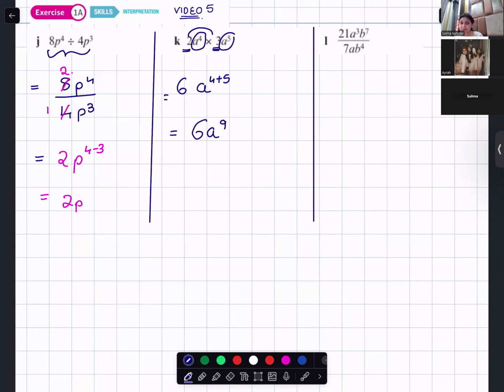Deal with the variables separate and constants separate. So this becomes 3. You will apply law of indices first with a. So a becomes 3 minus 1 and b becomes 7 minus 4. So this will become 3a squared b cubed.